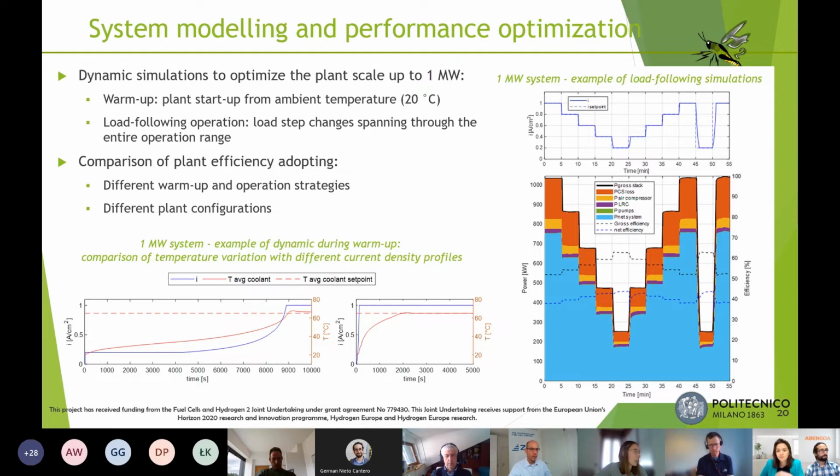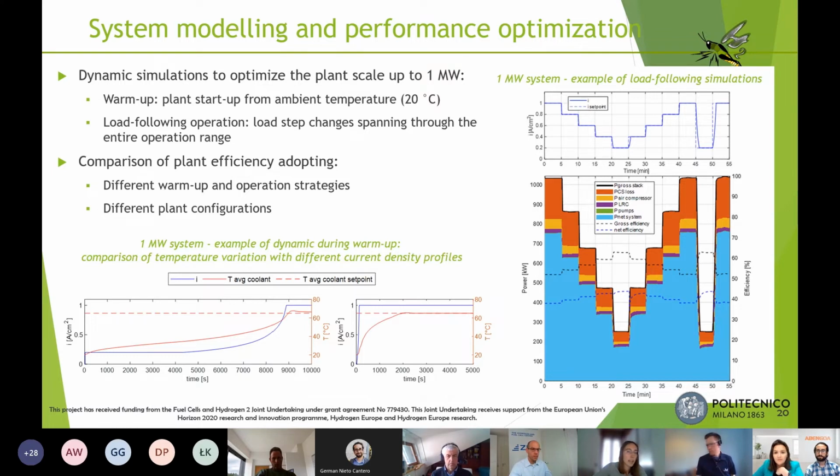And the simulations have compared the system behavior for a 100 kilowatt unit to the behavior of a 1 megawatt unit. In this way, we pointed out the main criticalities of the scale-up, and we also propose some solutions to optimize the design and the operation strategy of the 1 megawatt system.